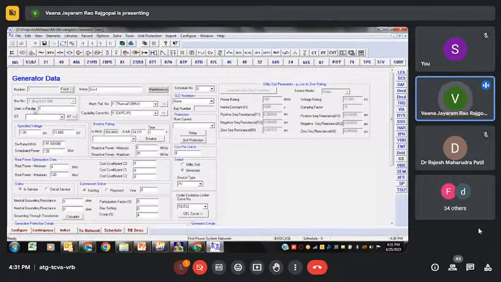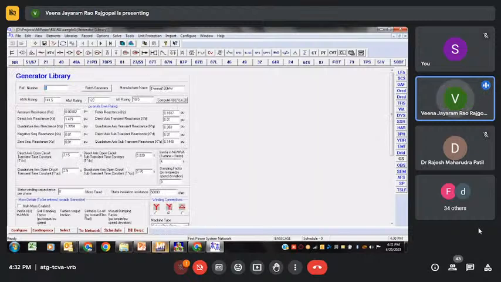You have the bus number, which automatically comes based on that connection. Then you have units in parallel, and this is the manufacturer data I was talking about. In the generator library, you tell the voltage level, megawatt rating, and then all your parameters of R, X, XD dash, XQ dash. This is the modeling, and all that you specify here.